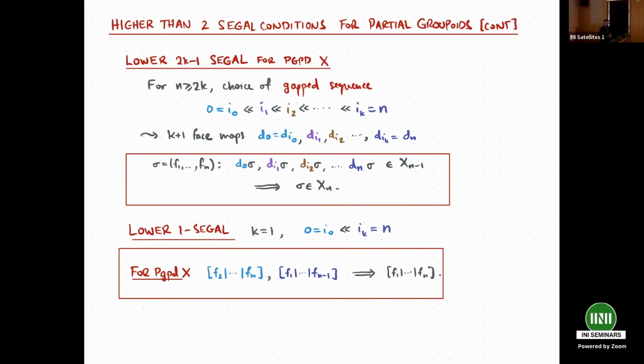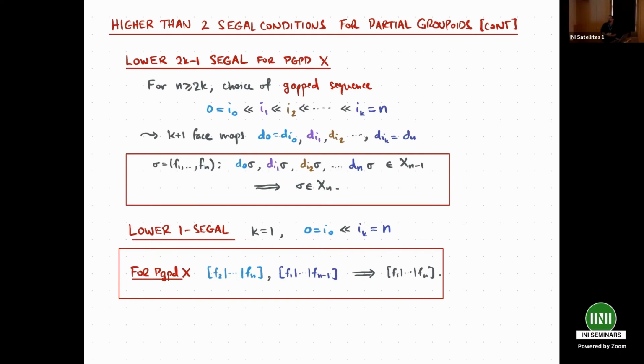So for lower 1 Segal, for lower odd, even in the simplicial setting, you need to choose your first term to be 0 and the last term to be n. So the choice is determined for lower 1 Segality.